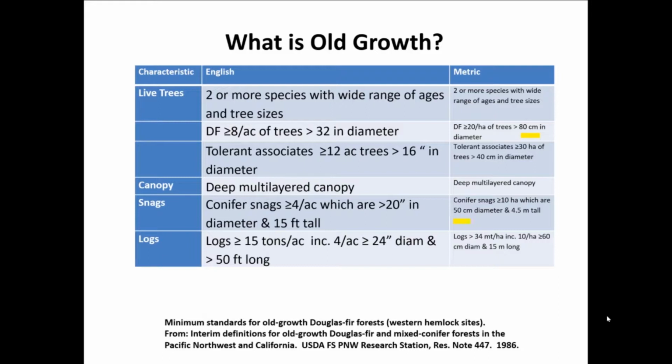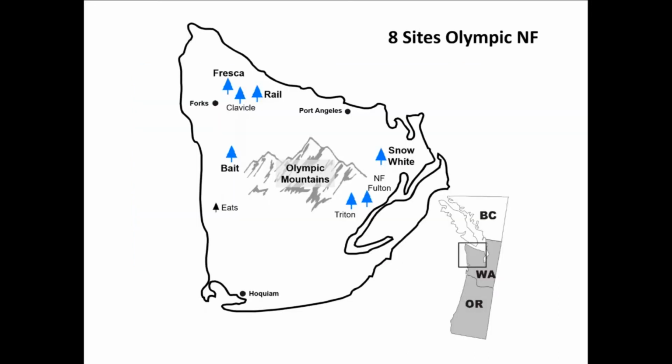But also for tolerant associates, we want to develop trees like hemlock and cedar greater than 16 inches in diameter, deep multi-layered canopies, conifer snags, and logs. With conifer snags in particular, we're trying to develop larger snags and larger and longer logs.